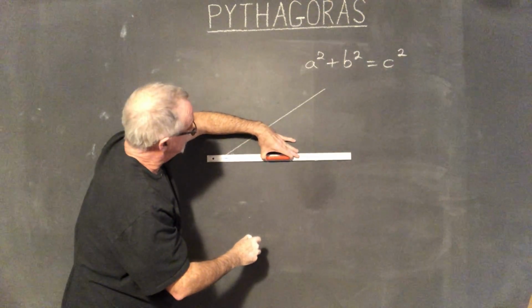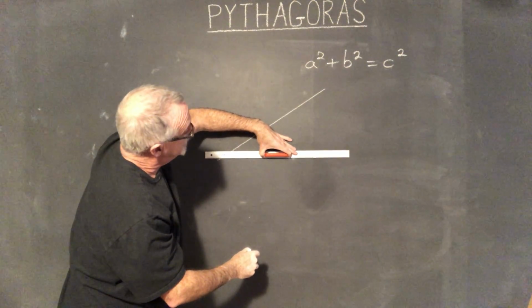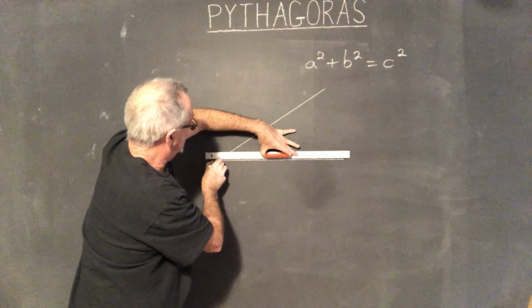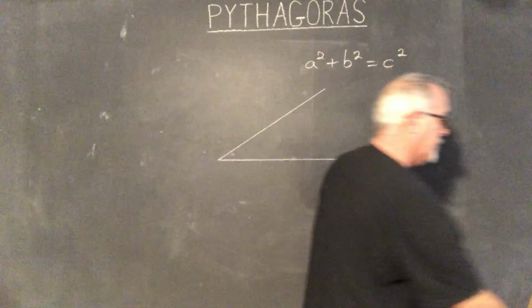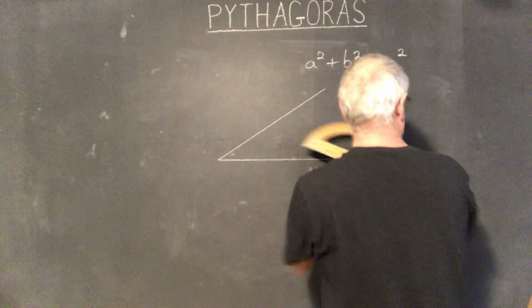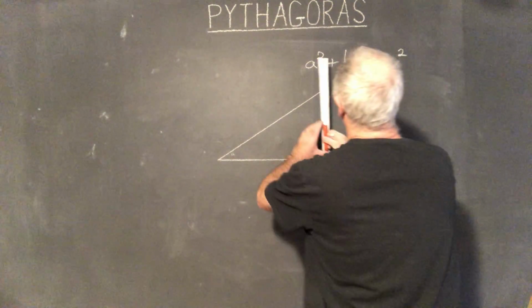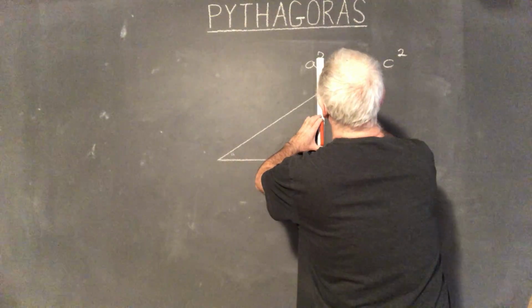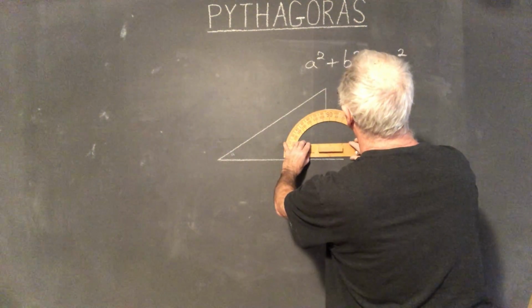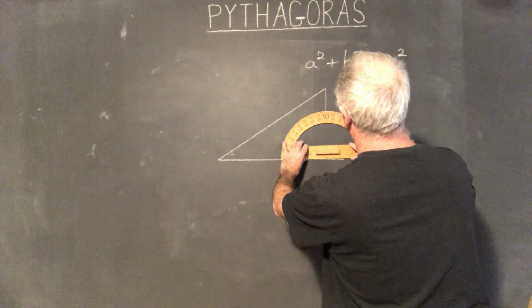And then I'm going to, kind of estimating this side, but now I'll get my protractor and make sure that it really works. So what I'll do is I'll draw this line down and then get my protractor and use that line to help me draw a proper right triangle.